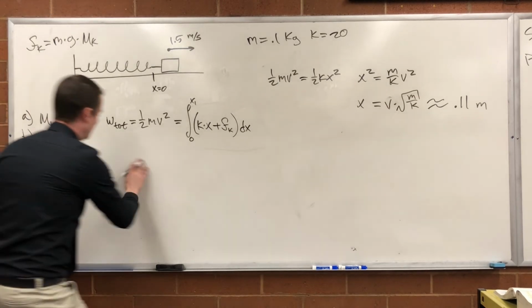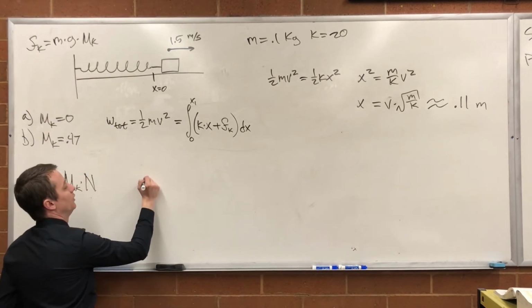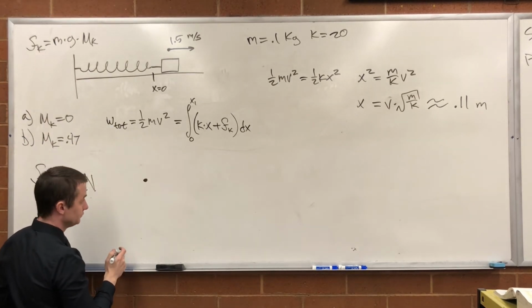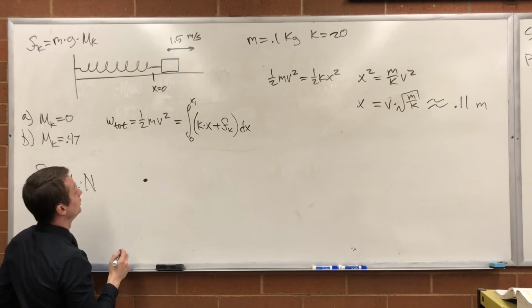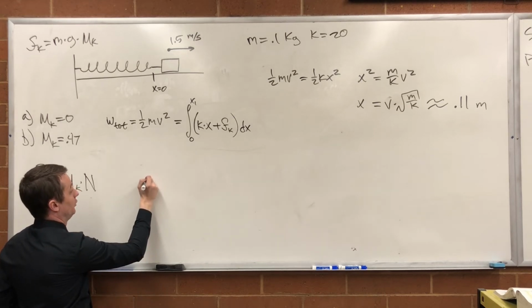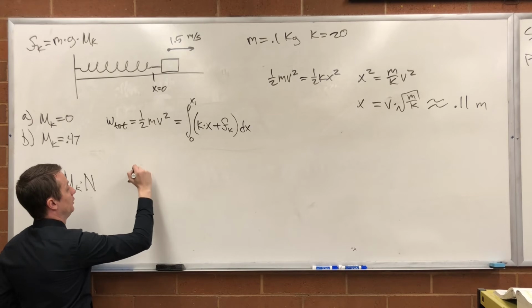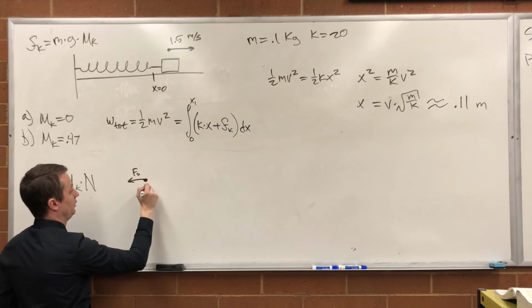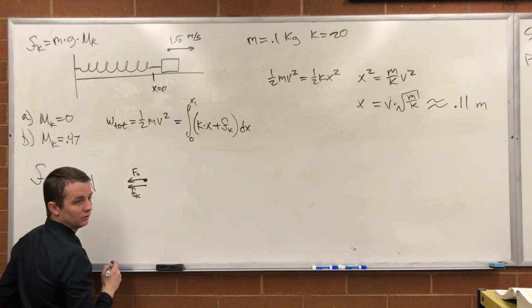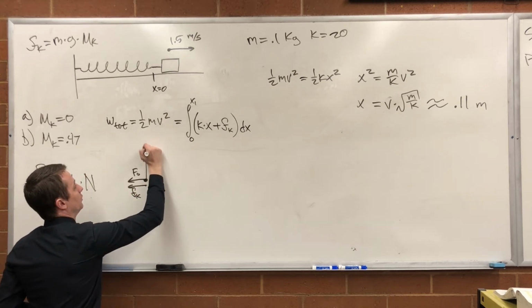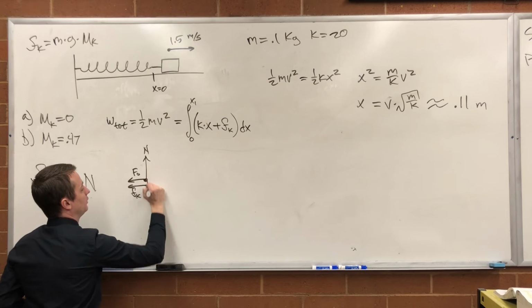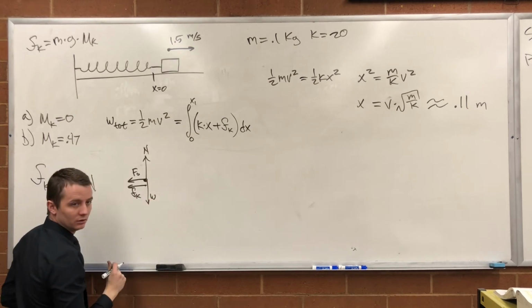Let's draw a free body diagram for this thing. So for our weight, we have the force from the spring pulling this way. We have the force of kinetic friction pulling this way. We have the normal force pulling up, and we have weight pulling down.